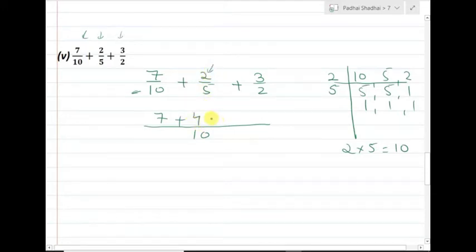Similarly beta, 10 divided by 2, that is 5, and we have to multiply that with the numerator, that is 5 3s are 15. 7 plus 4 plus 15 by 10, that is 26 by 10. Okay, see here beta, the answer is an improper fraction, as the numerator is bigger than denominator.